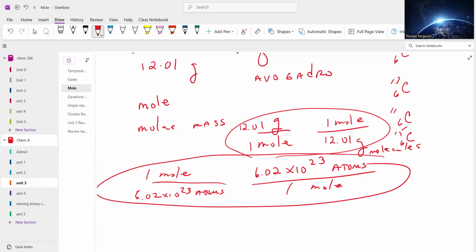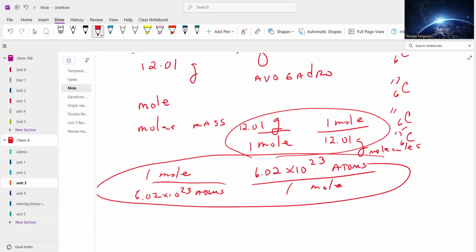Just accounting. Like I said earlier, we're talking about ducks, atoms, or molecules. Doesn't matter. This grams per mole is very, very, very specific to the chemical itself. So you've got to know the formula for that chemical before you can calculate its molar mass.